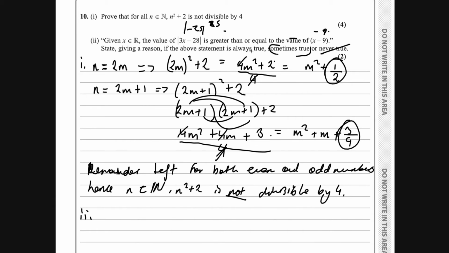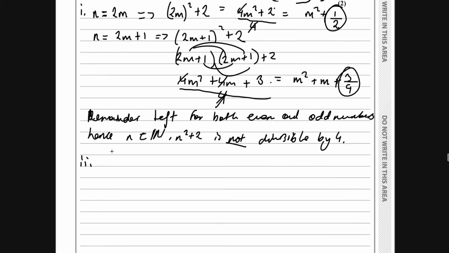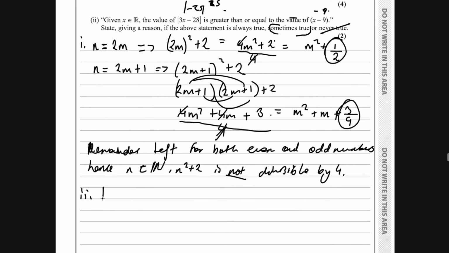But we really want to explore the case that it could be sometimes true. To do that, I'm going to substitute a number between 9 and 10 in. We're going to try 9.4. So the modulus of 3 times 9.4 minus 28. And I'm going to put that into a calculator.